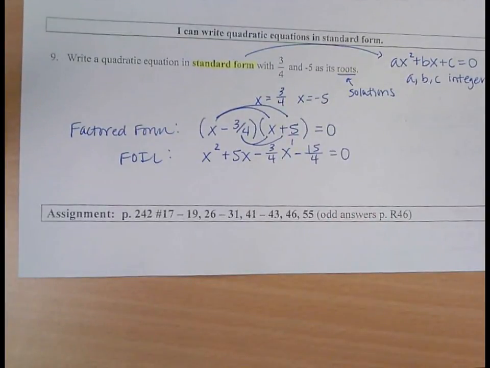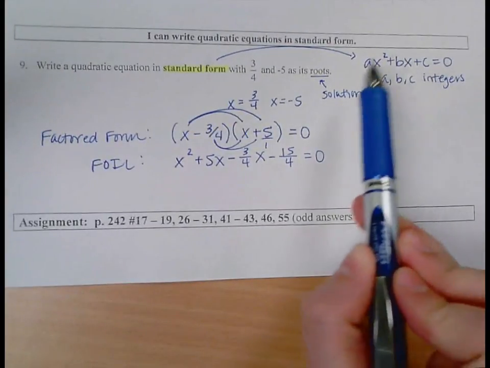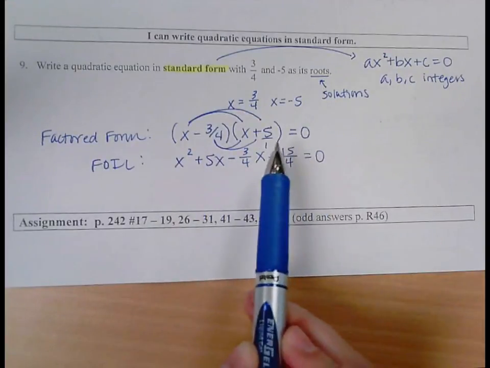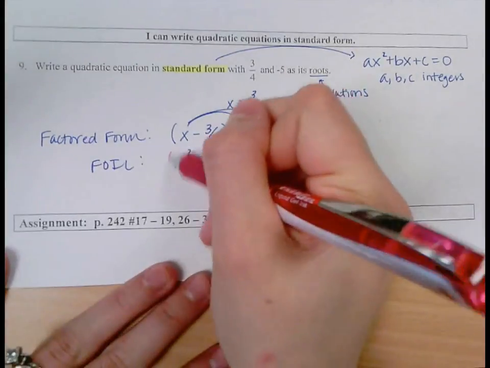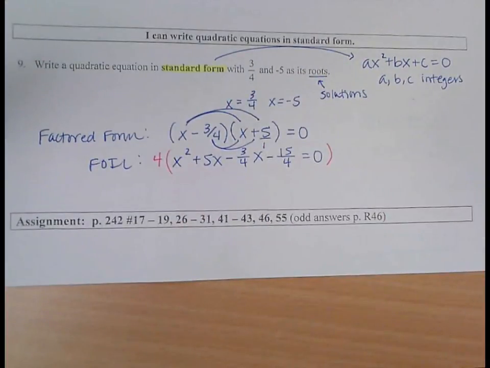And I would encourage you to leave these as fractions because now, if standard form cannot have fractions, what would I do to this equation to get rid of the fractions? Multiply everything by the denominator, which is 4. And as long as I do it to everything on both sides, it's still correct.